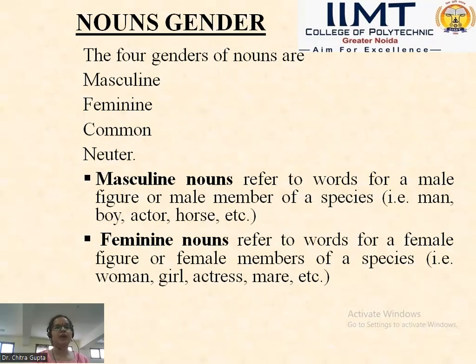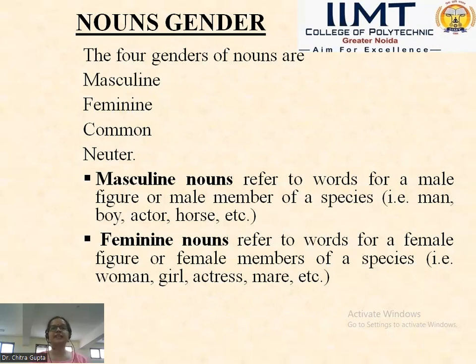First, we will learn about masculine gender, masculine nouns. Masculine nouns basically refer to words for a male figure or a male member of a species. This masculine noun is not related only to a man.